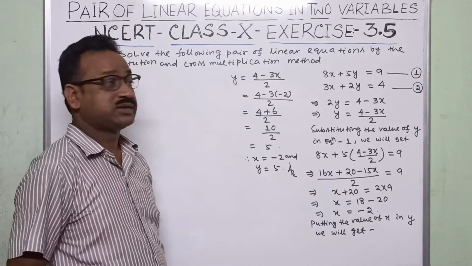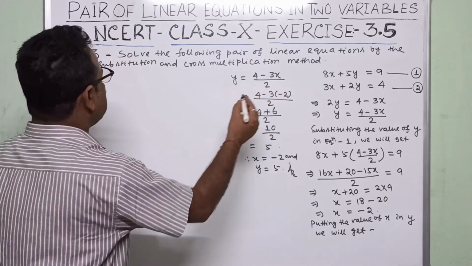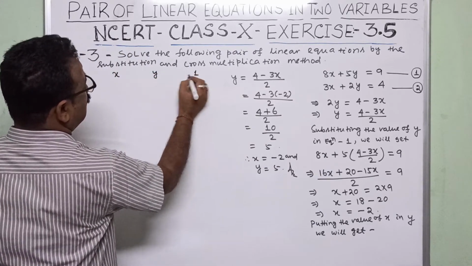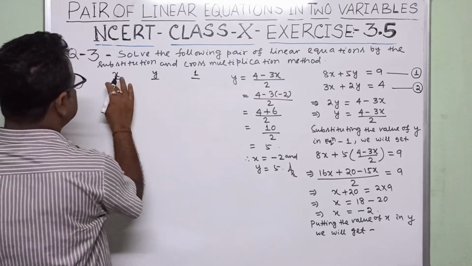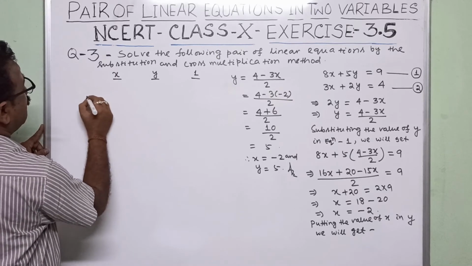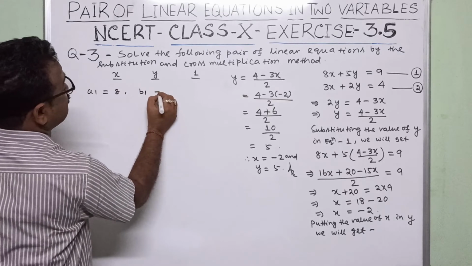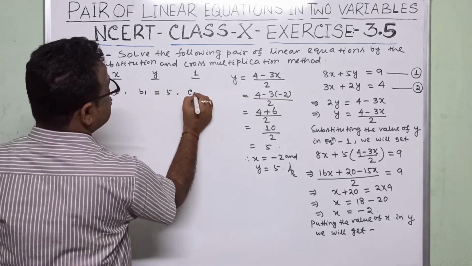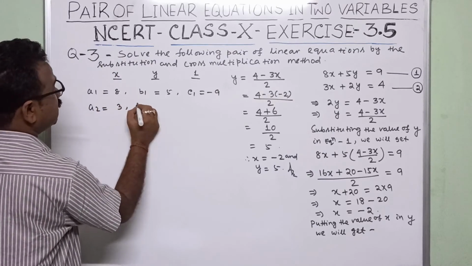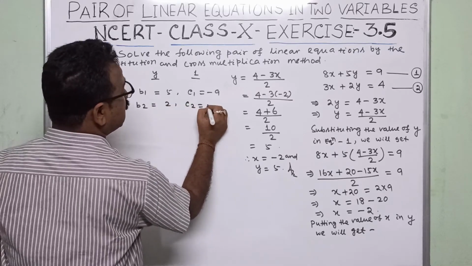Now, we will go for the method of cross multiplication. Here x, y, 1, x, y, 1. Now, b1 by b2, what is b1? Write first: a1 is equal to 8, b1 is equal to 5, c1 is equal to minus 9, a2 is equal to 3, b2 is equal to 2 and c2 is equal to minus 4.